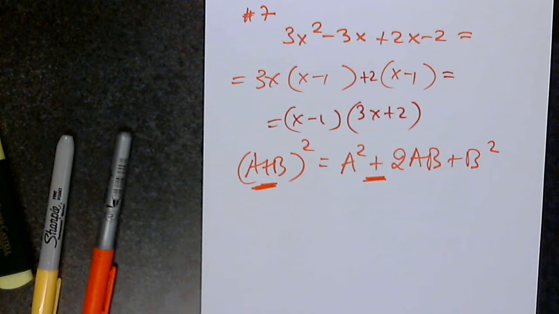And if you have minus, then you have a squared minus 2 times the first times the second plus the second term squared. So the sign stays the same as what's in the first.